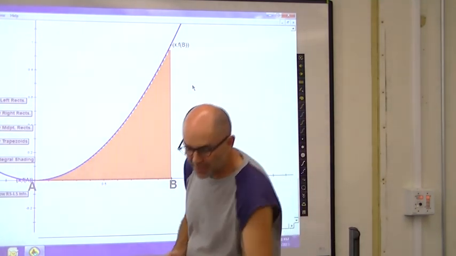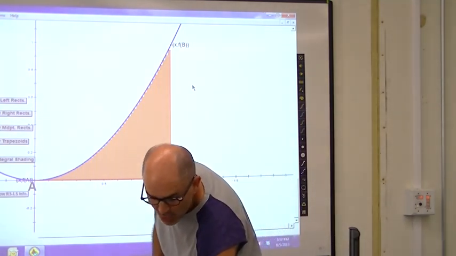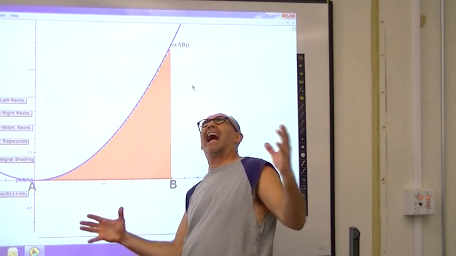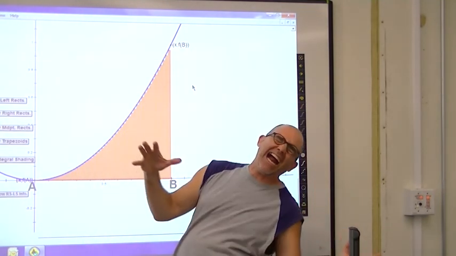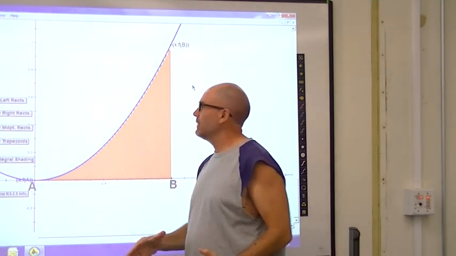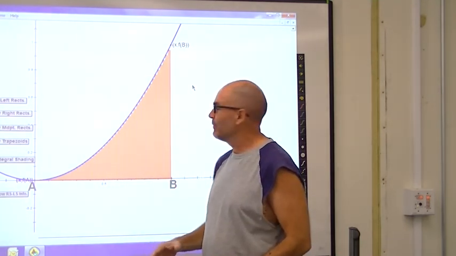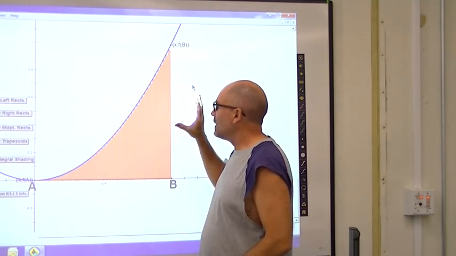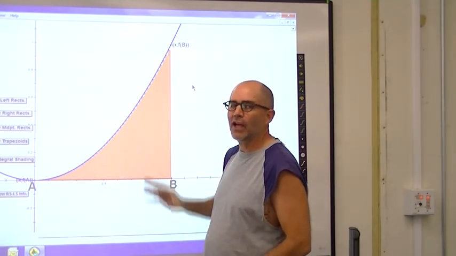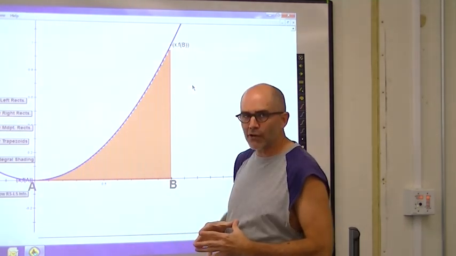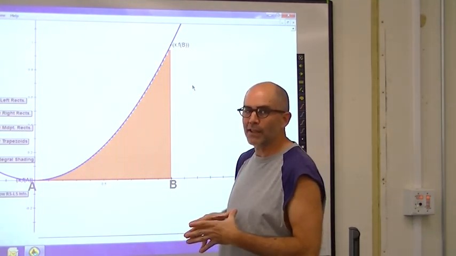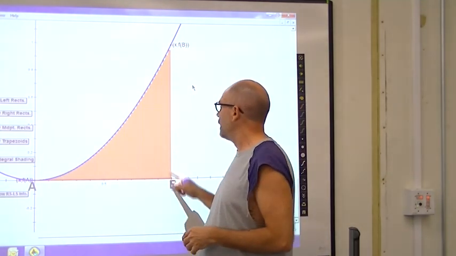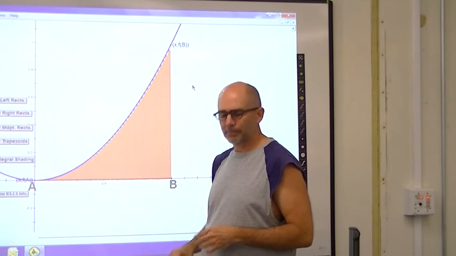What if we use infinitely many rectangles? If we had infinitely many rectangles, then we would know exactly the area under the curve. And our calculator is actually capable of doing that for us. And that would tell us that the area under this curve from 0 to 1 is exactly 1/3.